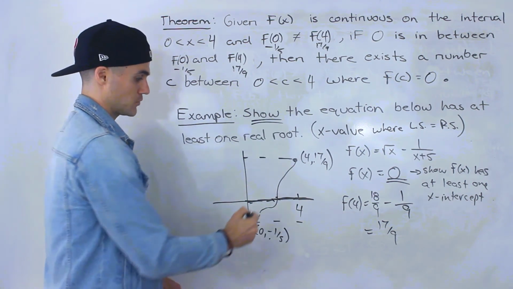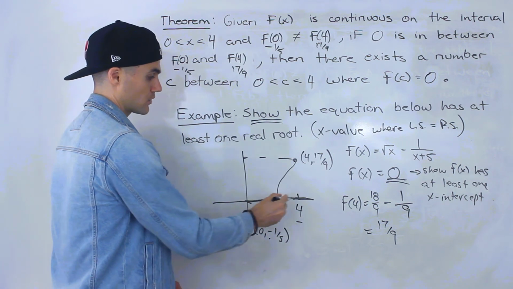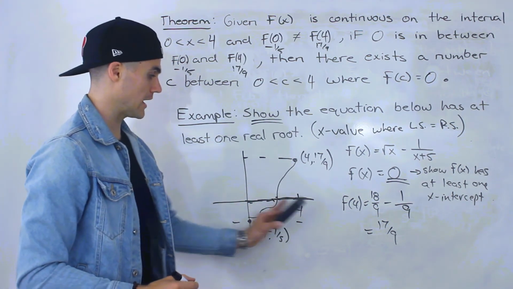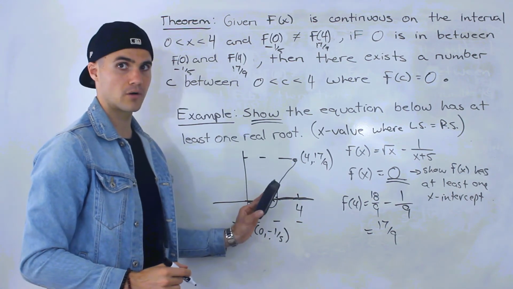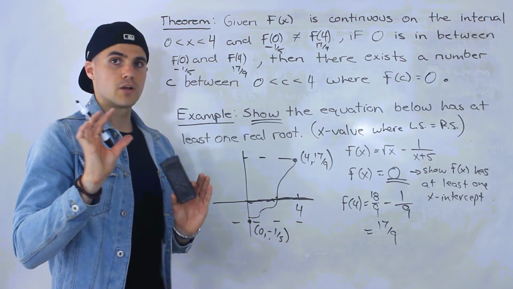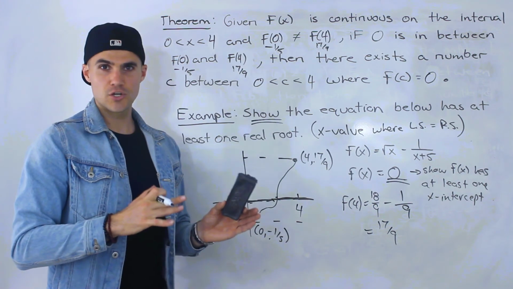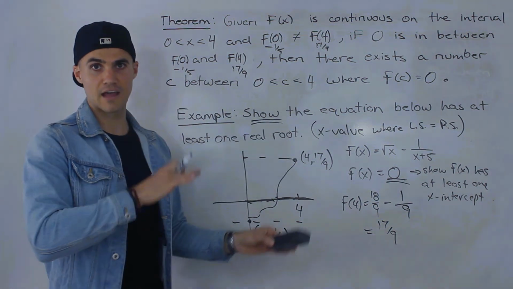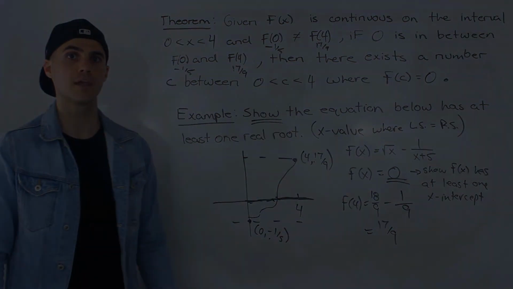And we did that, and we showed that there's definitely going to be some kind of root between 0 and 4. So there's going to be some x value between 0 and 4 that's going to make that original equation we have, the square root of x equaling 1 over x plus 5, make the left side equal to the right side.